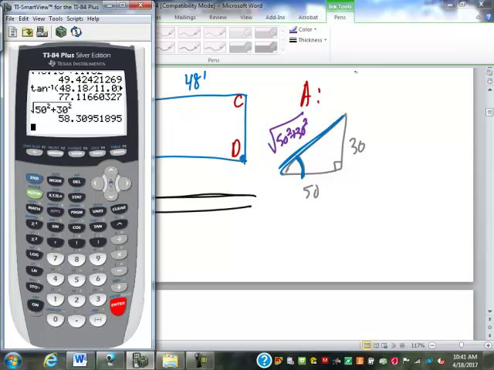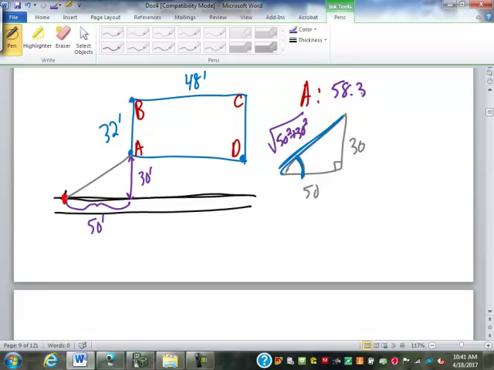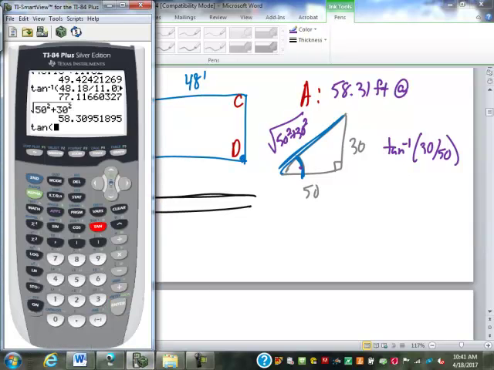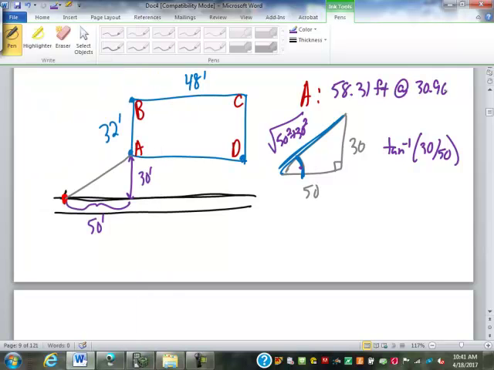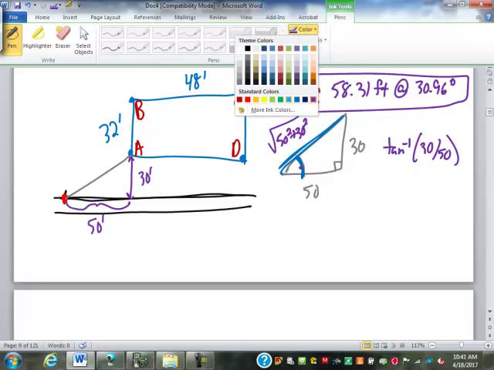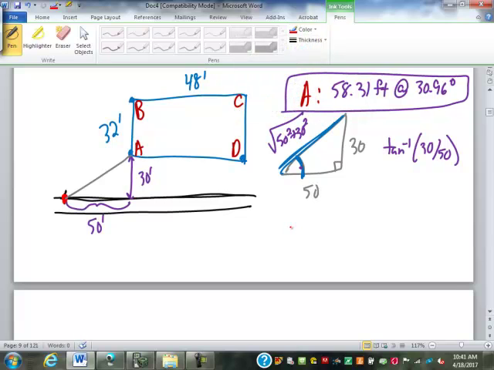So 58.31 feet. This angle is the inverse tangent of 30 over 50. 30.96 degrees. So point A, located from that theodolite, is 58.31 feet at 30.96 degrees. Does that make sense?